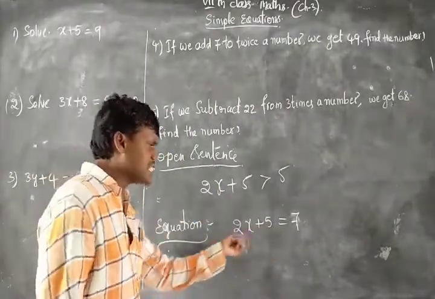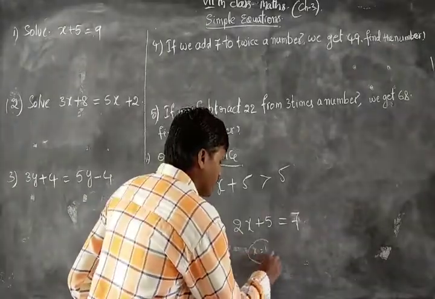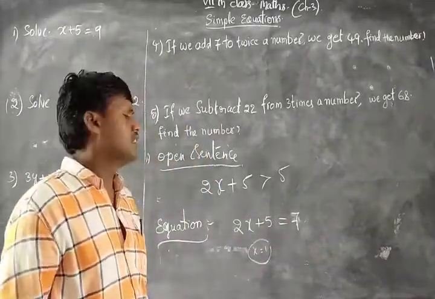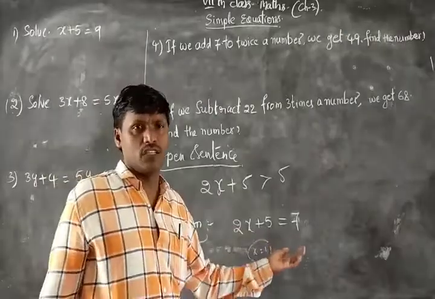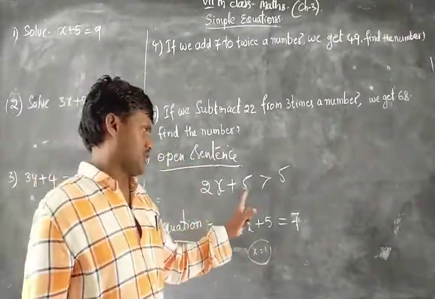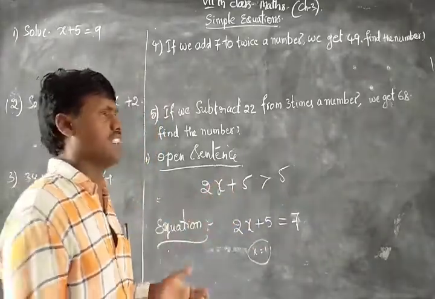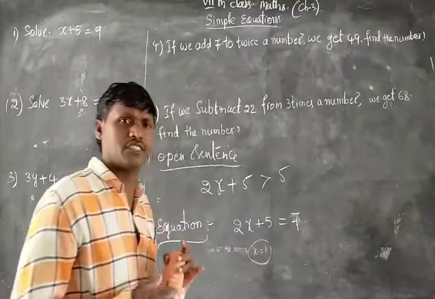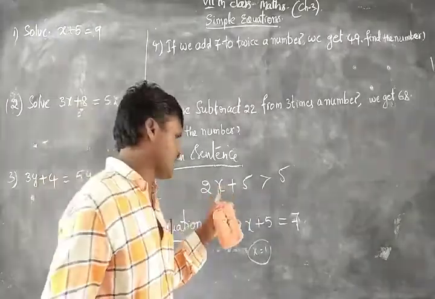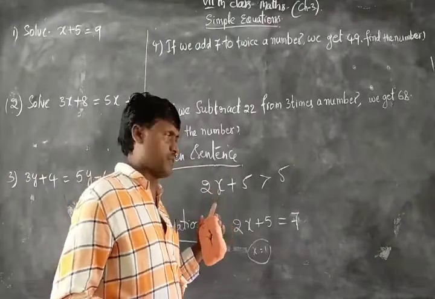Directly you can see that for x equal to 1 it is satisfied. In the above case, 2x plus 5 greater than 5, we cannot say it is true or false, since instead of x we can substitute negative or positive values.